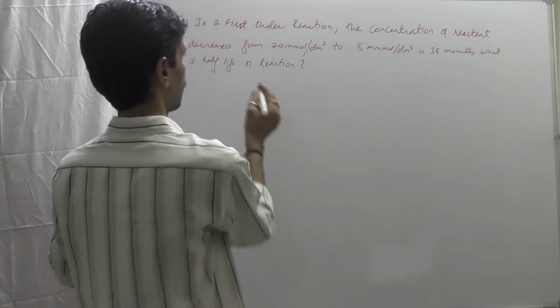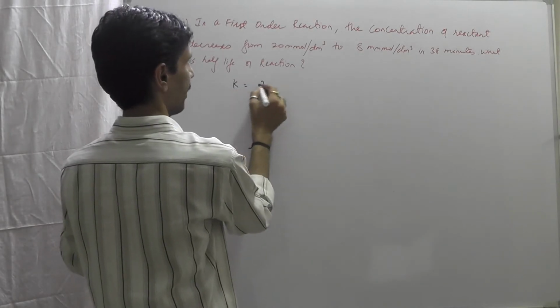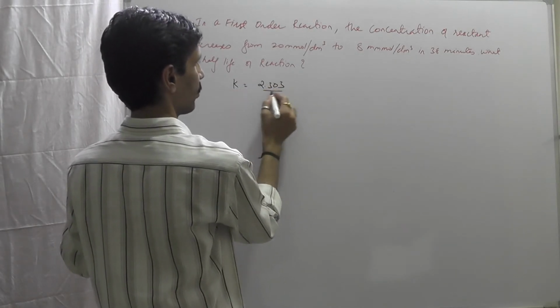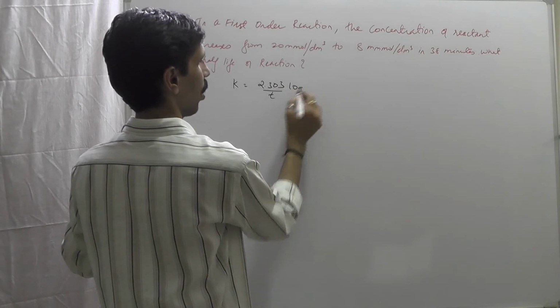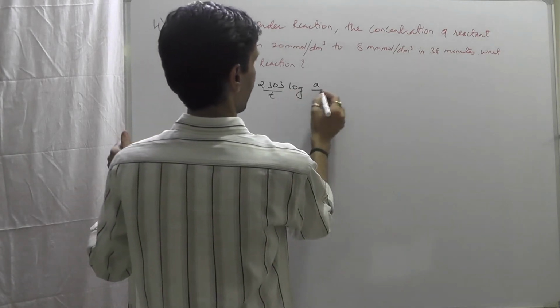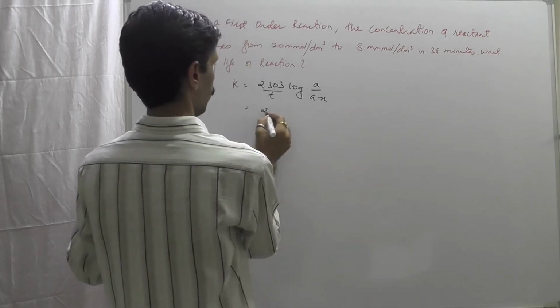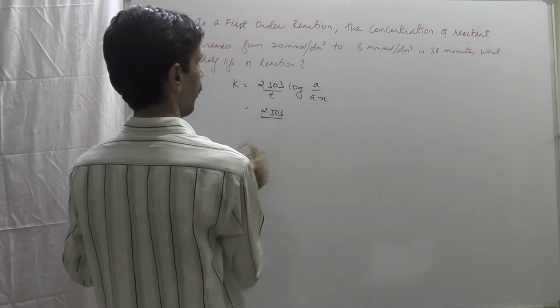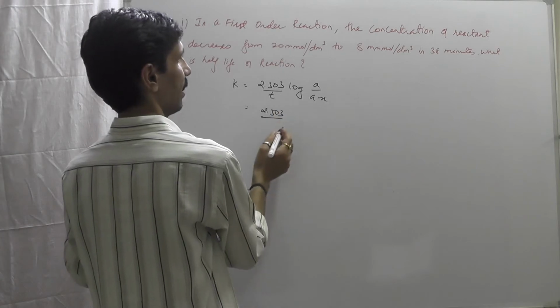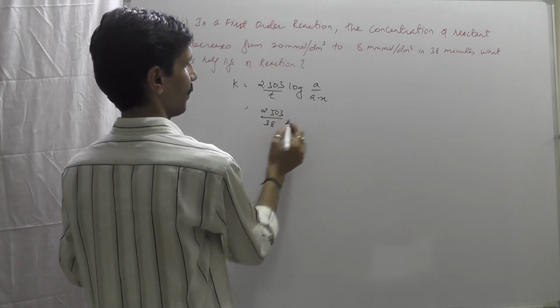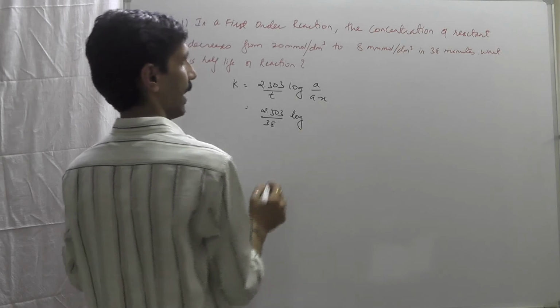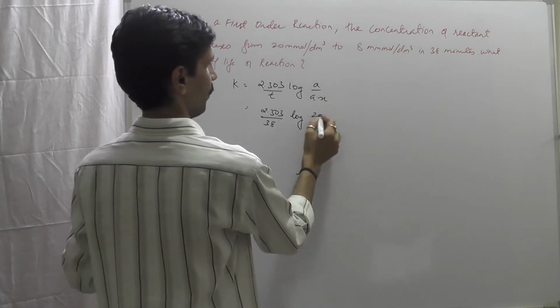तो मैंने आपको बोला था दोस्तों कि फार्मूला है K is equal to 2.303 upon t into log of a upon a minus x. So that is equal to 2.303 upon t, and t is nothing but 38 minutes, into log of a upon a minus x.